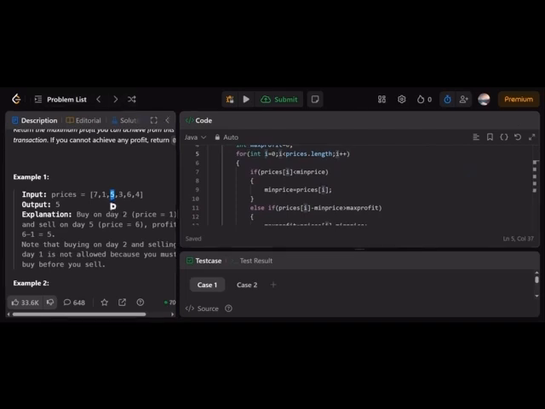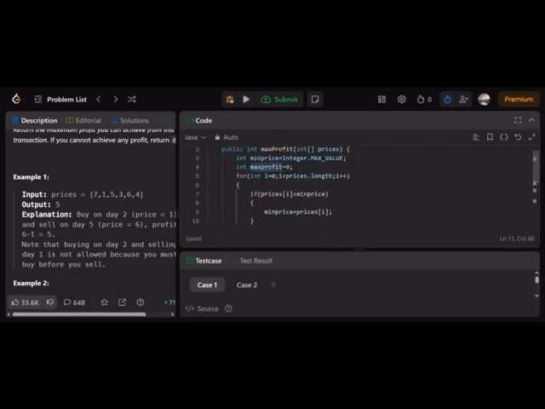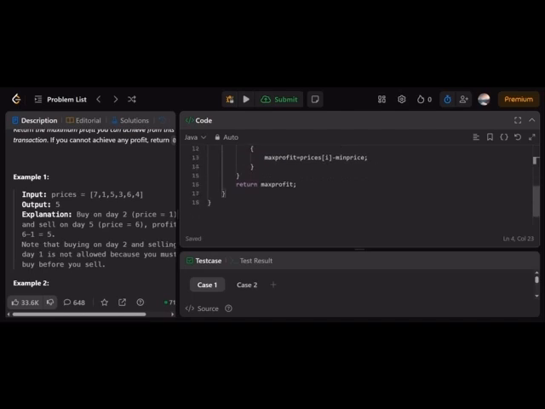Now this 5 will not satisfy this condition because we already got a minimum price, that is 1. So this 5 will be subtracted by 1, and we will get some profit, say 4. This 4 is greater than max profit, which is still 0, so max profit will be equal to 4.